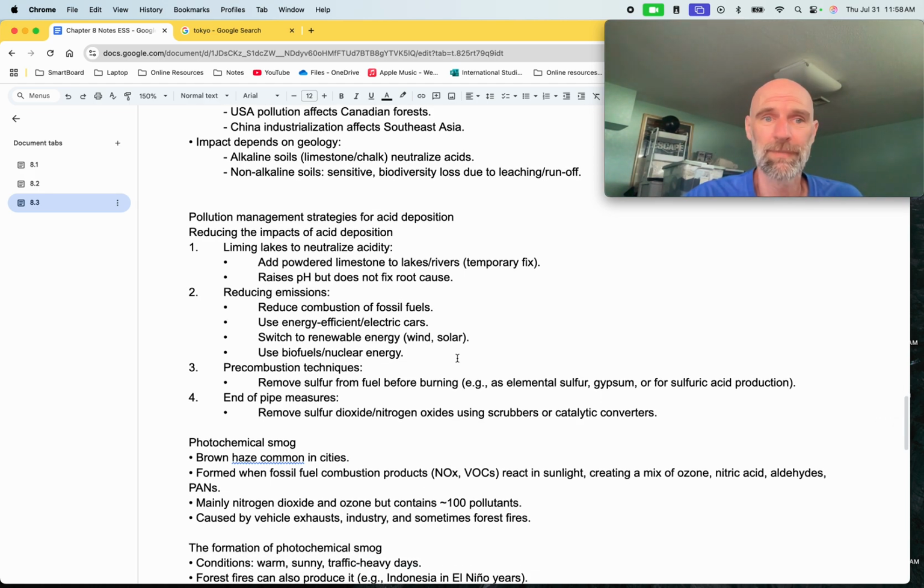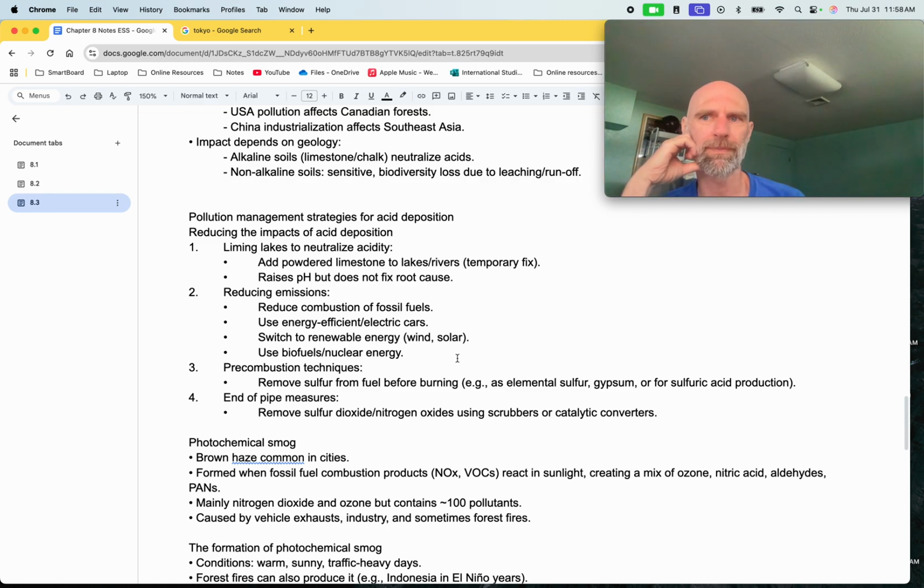Pollution management strategies for acid deposition, reducing the impacts: liming lakes to neutralize acidity. You add powdered limestone or something like baking soda to lakes or rivers.